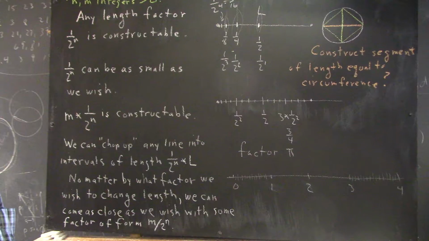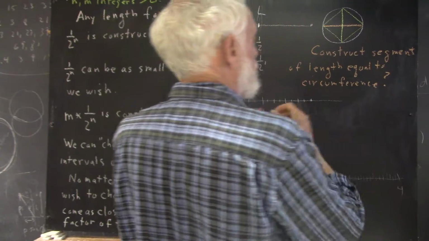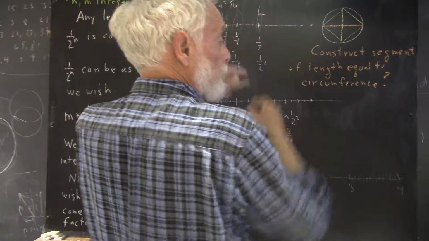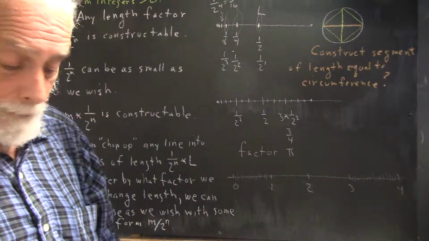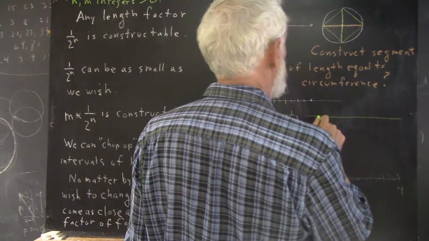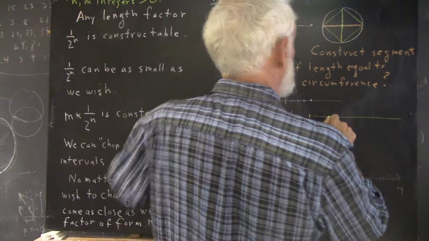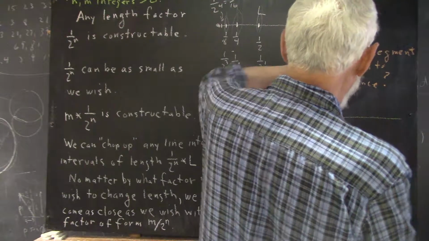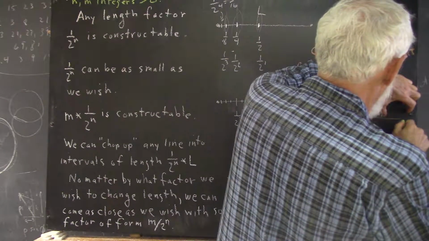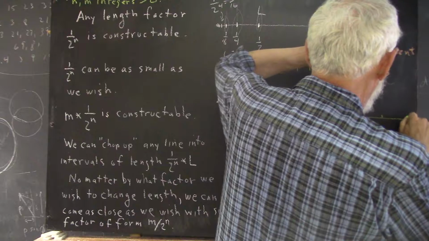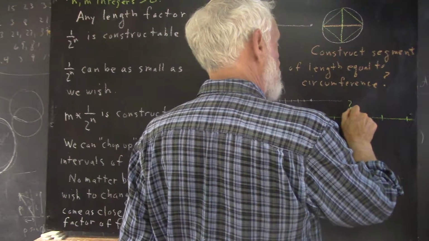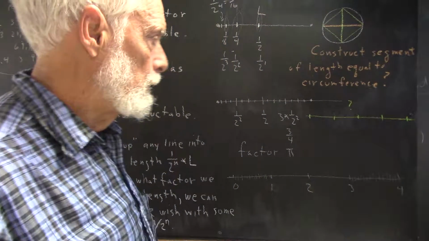This compass won't quite stretch out that far, but I take this length and this length and this length and this length with my compass. Well, let's just do it. That length is there, so it's about here, and here, and here, and here. So from here to here, is that it? Well, no, that's a little short.